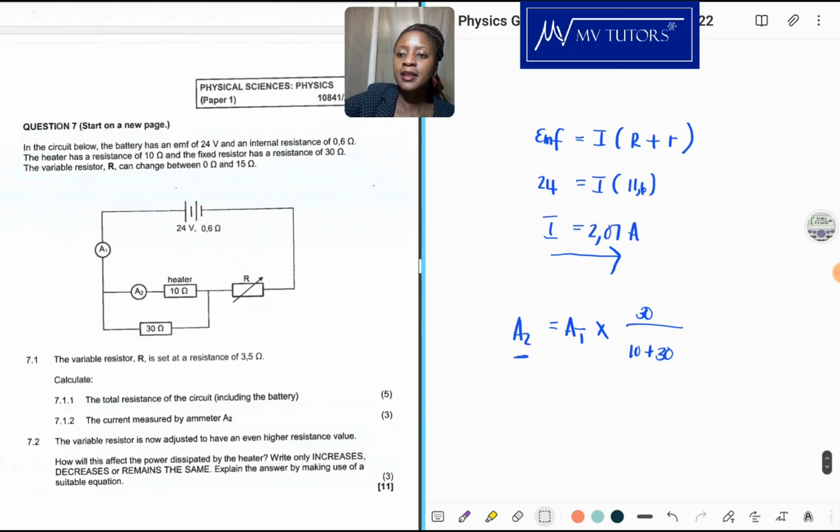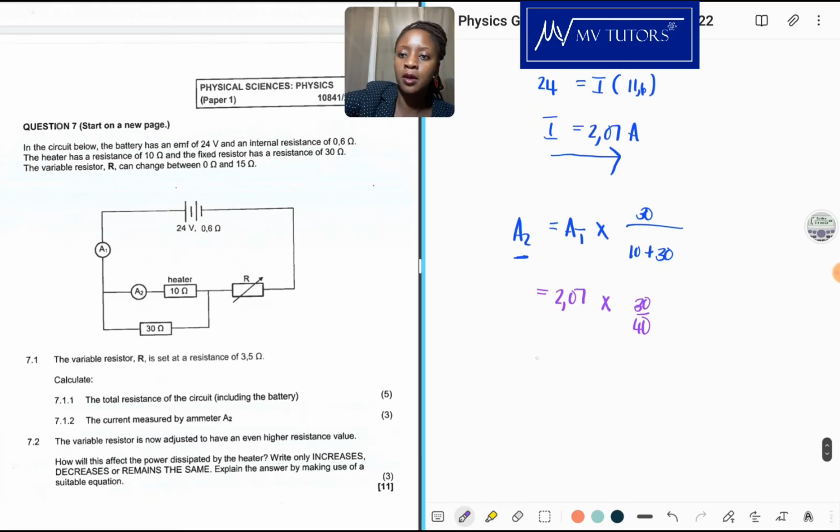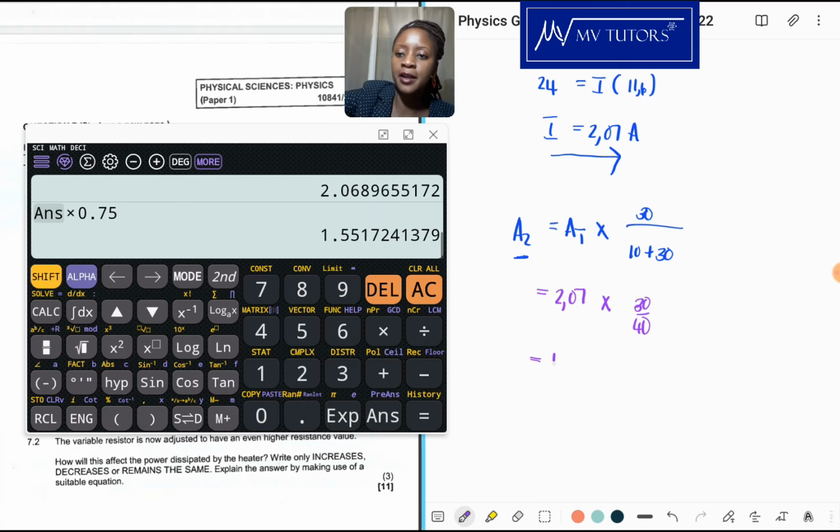So the current at 2, we have the total current which is 2,07. Hopefully you did not delete that from the calculator. And then we have 30 over 40, which is just 3 over 4. So that's 75% of it. So we get our answer times 0,75. So we get 1,55.